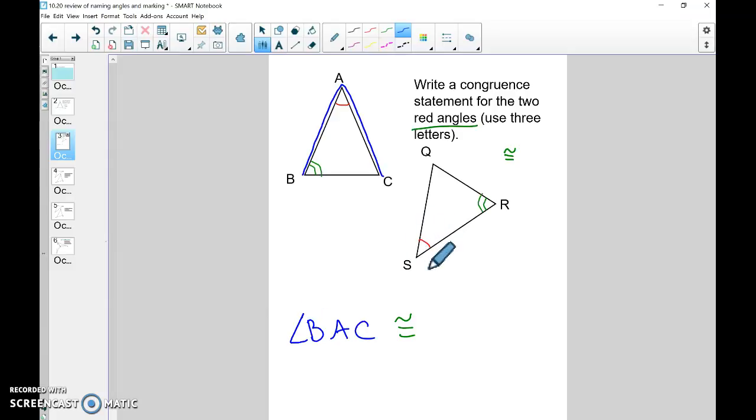Again, I don't want to say just angle S, but I know S has to be in the middle because that's the vertex. If I'm following the same order as here, we're starting with the double green, going to the red, going to the blank, so same thing here. We're going to go R, S, Q. And that's how we'll name that angle, and that's how we said that they're congruent to each other. Congruent sign in the middle, angle, angle, boom, done.